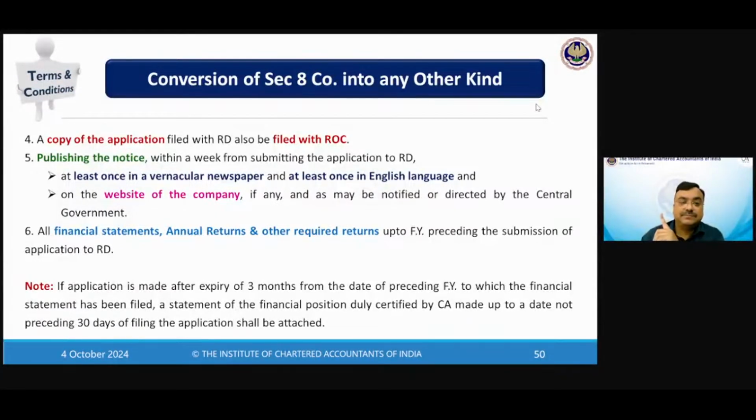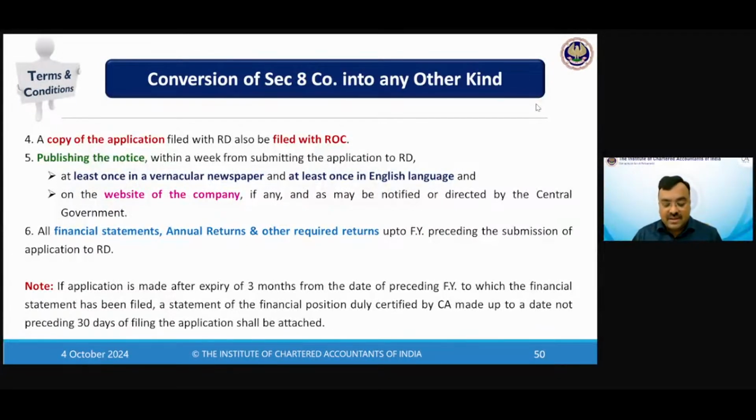Important note: if the application is made after the expiry of 3 months from the date of the preceding financial year, it means if the application is made today, 4th October, that is more than 6 months after the end of the preceding financial year, then a statement of financial position duly certified by a CA, made up to a date not preceding 30 days of filing the application, shall be attached.